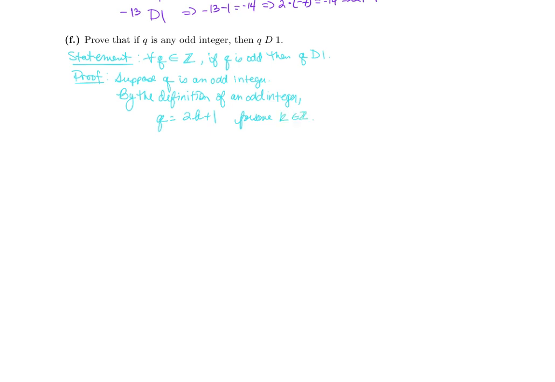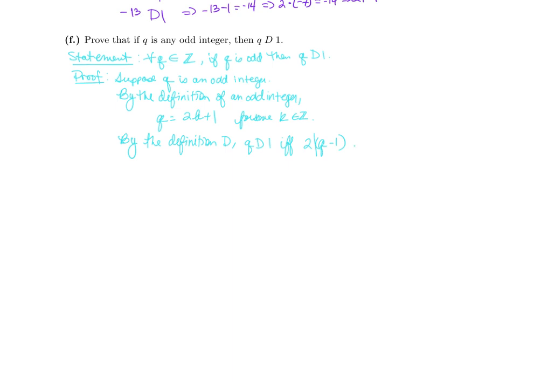Then we can also say by the definition of our relation D, Q is related to 1 by D, so QD1 is true, if and only if 2 divides Q minus 1.